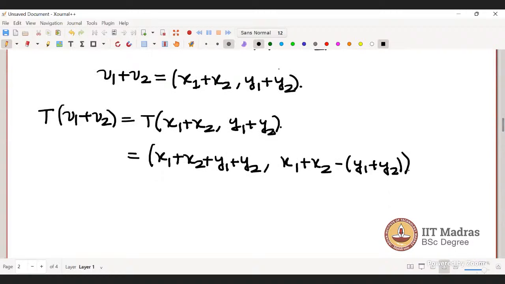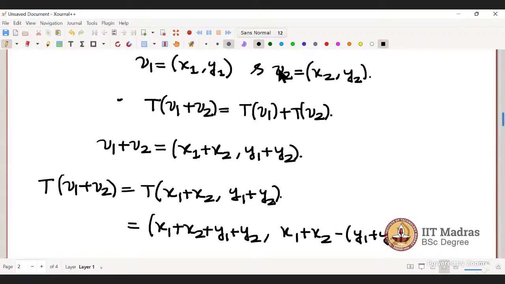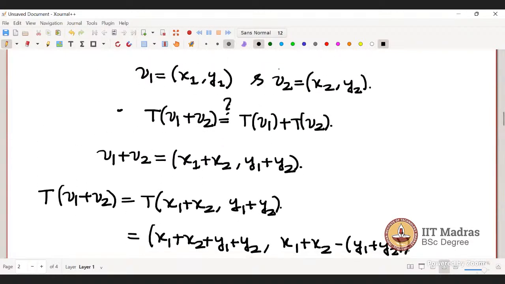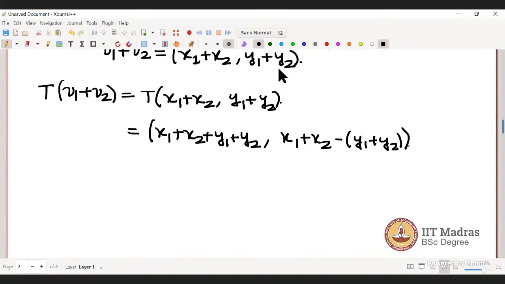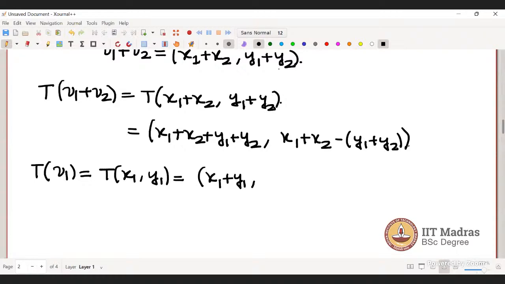So the next thing, what we want to show? We want to show this equality. We have calculated the left hand side, so we need to calculate the right hand side. So what is T of V1? T of V1 is T of (x1, y1), which is nothing but (x1 plus y1, x1 minus y1).